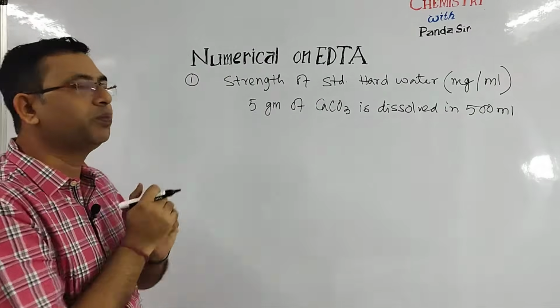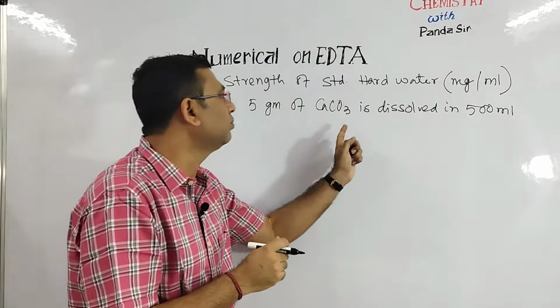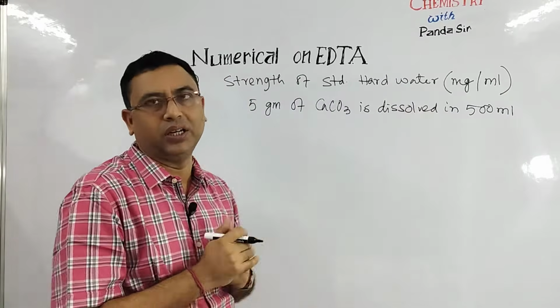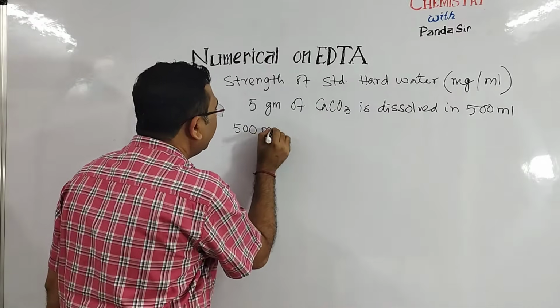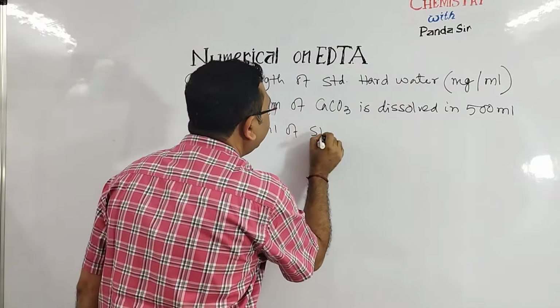So this kind of statement is given: 5 gram of calcium carbonate is dissolved in 500 ml. So what to do? We know that it is 500 ml of standard hard water.